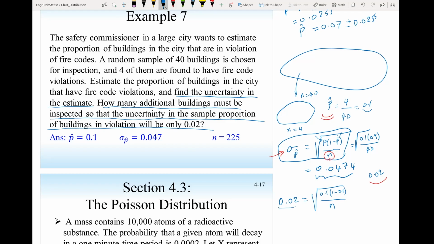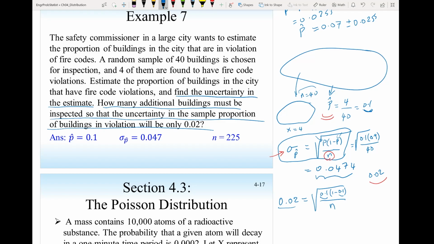Now, in real application, if I increase n to 100, that p here will also change. But let's assume that as we are increasing n, that won't change much. So we are using this value here, 0.1.